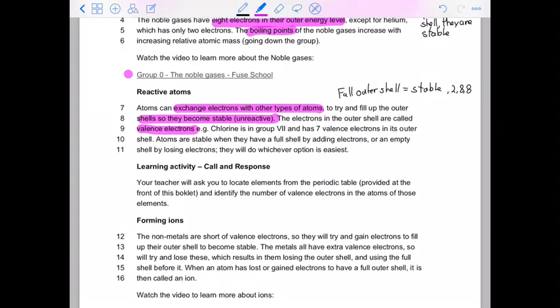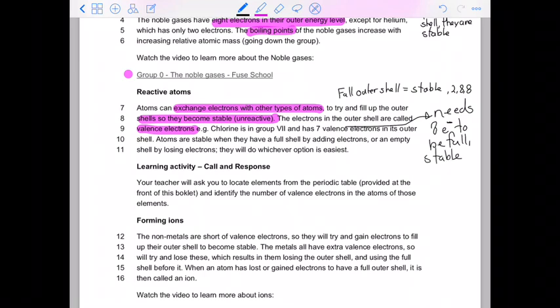Hint, chlorine is in period 3. So hopefully you've remembered that chlorine needs 8 electrons. This symbol here, e with a negative sign, is my symbol for electron. So it needs 8 electrons to be full, to be stable.